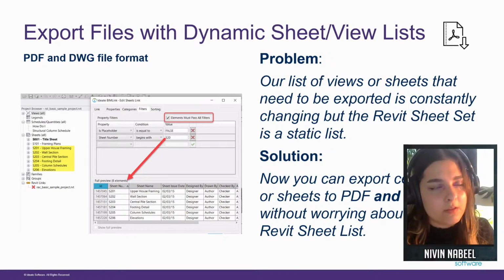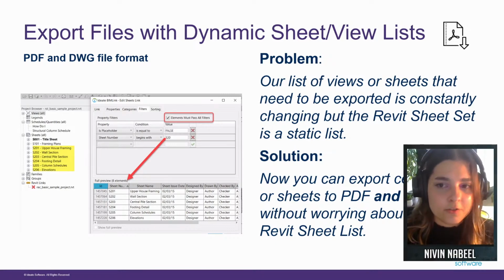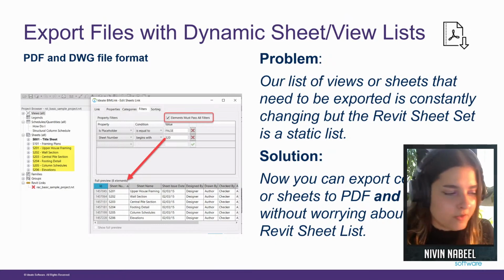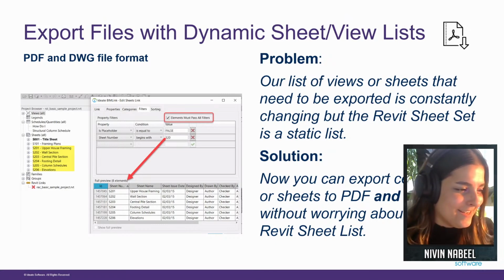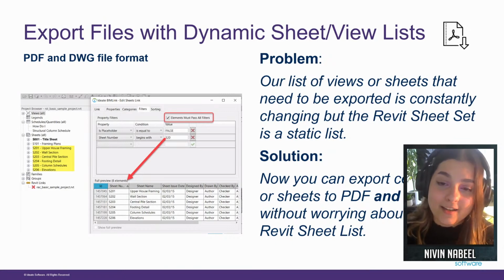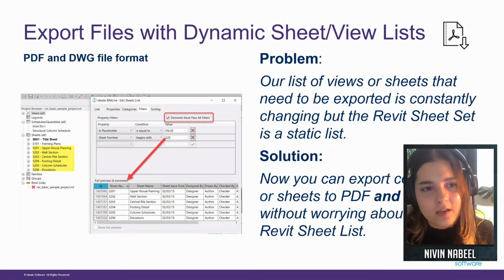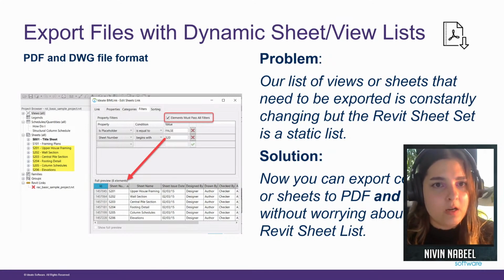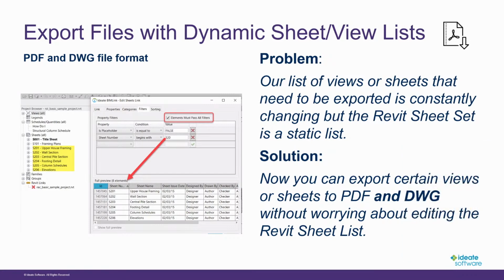You sometimes run this automated task of like 100 sheets and you don't even know if the sheet set is right, because you have to go back into the Revit model once again to check that. So we resolved that issue by creating another way to export the PDF and DWG formats using BIMLink as your Revit sheet list to generate that.